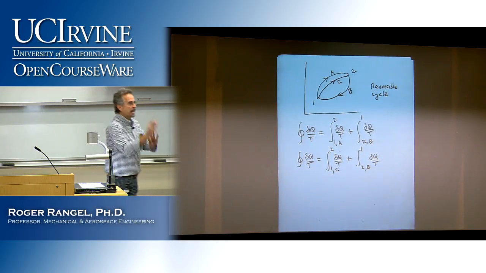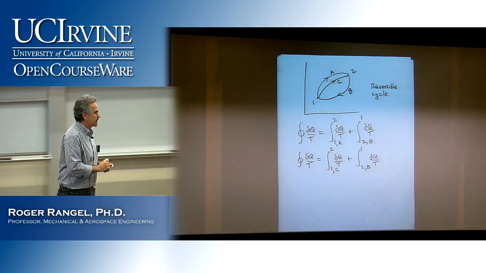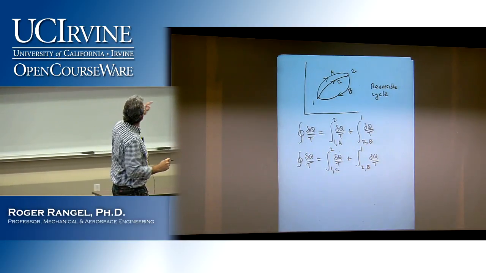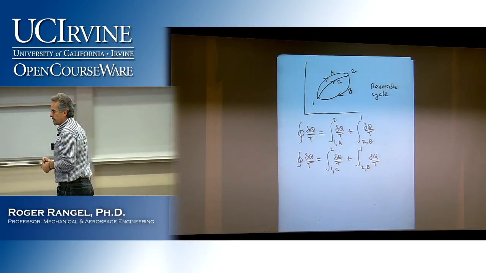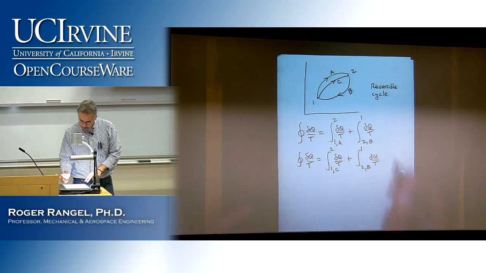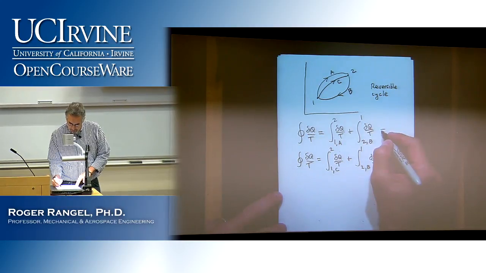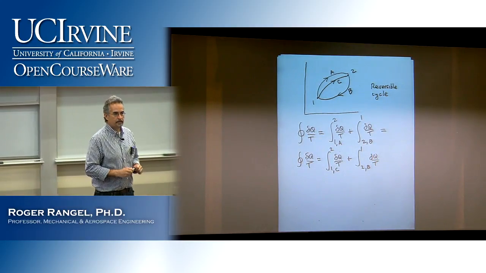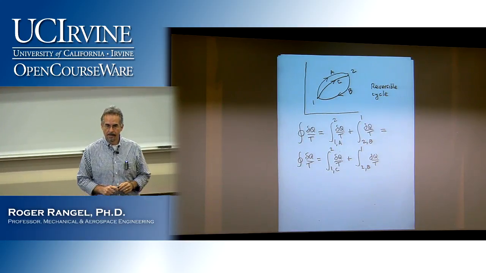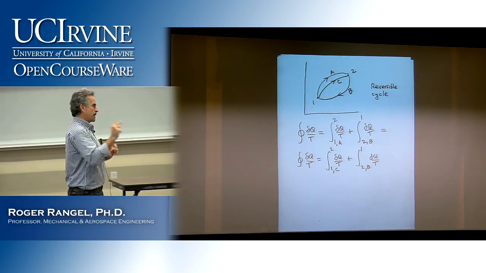So I have written that Clausius expression, the cyclic integral, for the two cycles. One goes on A, the other one goes on C. Now, what is the first one equal to? Zero.